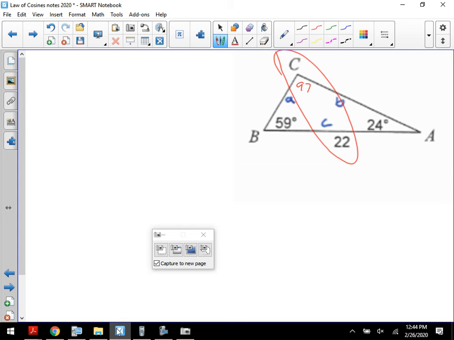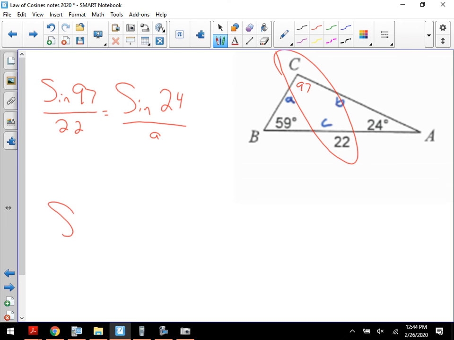So you started out with sine 97 is to 22, as the sine of 24 is to little a. Sine of 97 is to 22, as the sine of 59 is to little b. The reason I wrote both out is that since I'm finding side lengths, the manipulation of the equation is going to be the exact same for both of them.